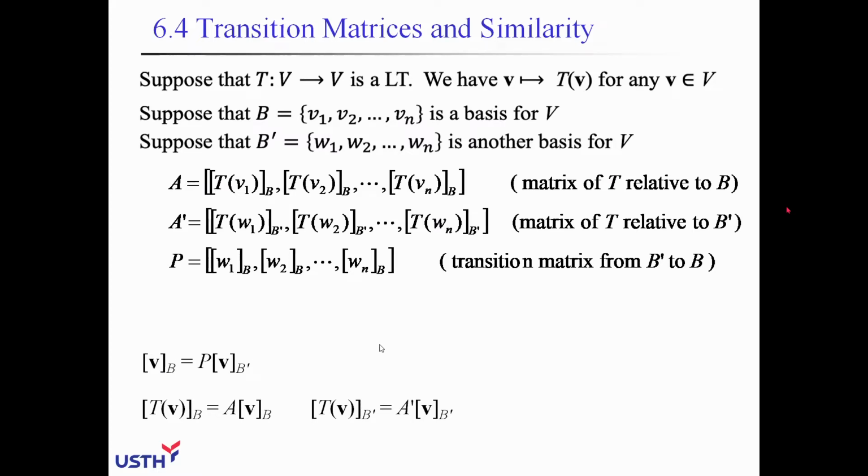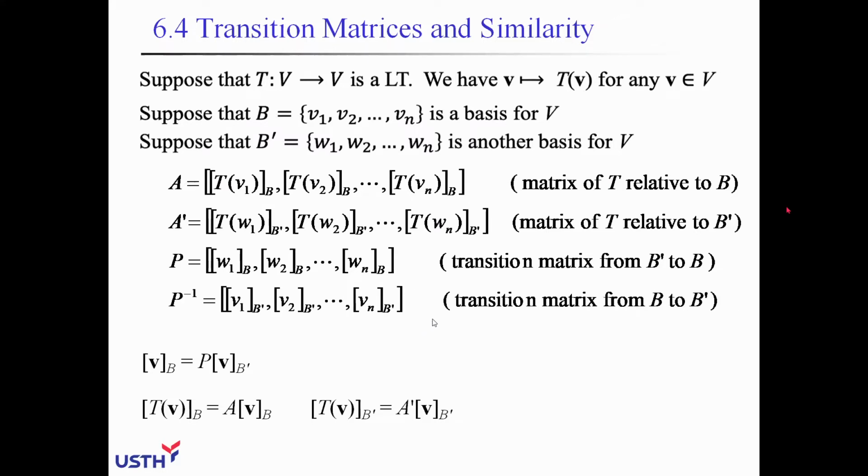And also we have a transition matrix from B into B prime. It is here. It is P inverse. That is the transition matrix from B to B prime, and we can define it by this one. With that, we have a similar formula, but now we change the roles of B and B prime.